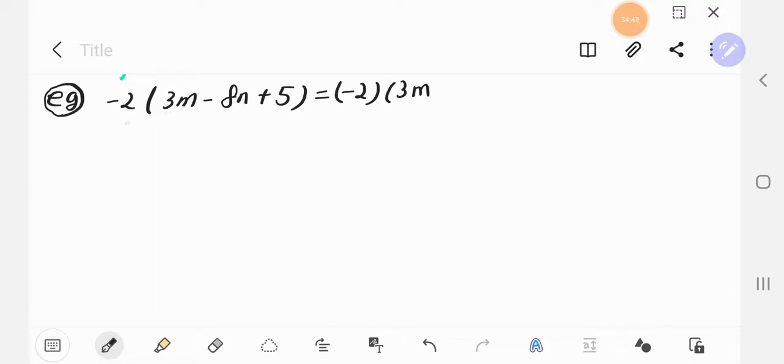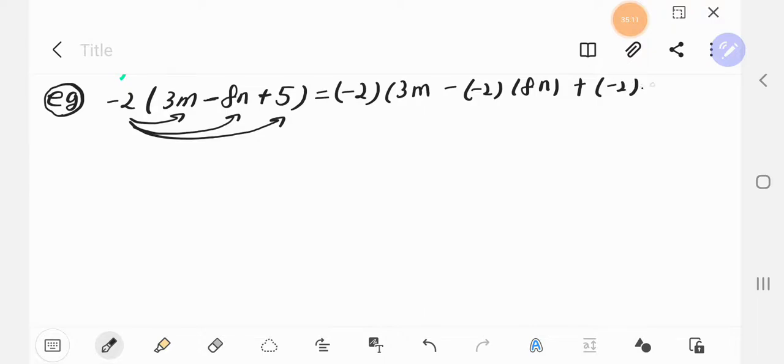So multiply this 2 and multiply this 2. So minus sign, because this minus sign, so put the minus sign. And negative 2 is multiplied by 8n, right? And then finally this one. So plus sign, here's plus. So write plus, and then multiply negative 2 by 5.